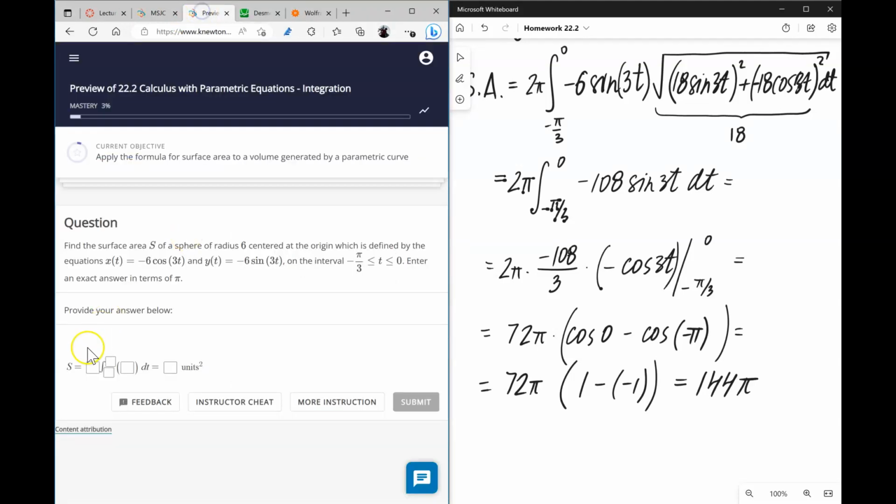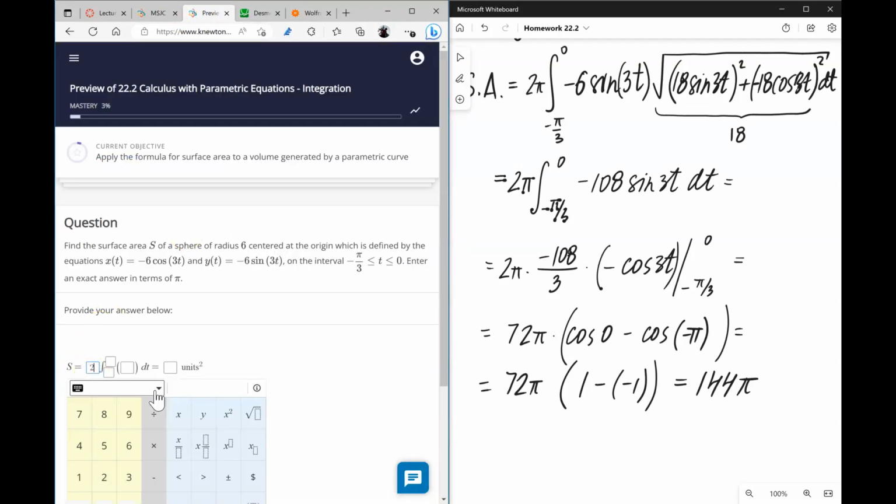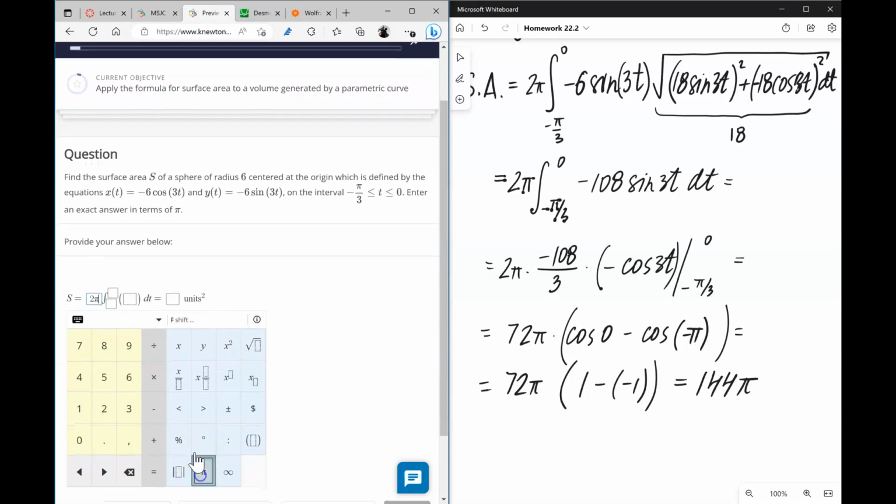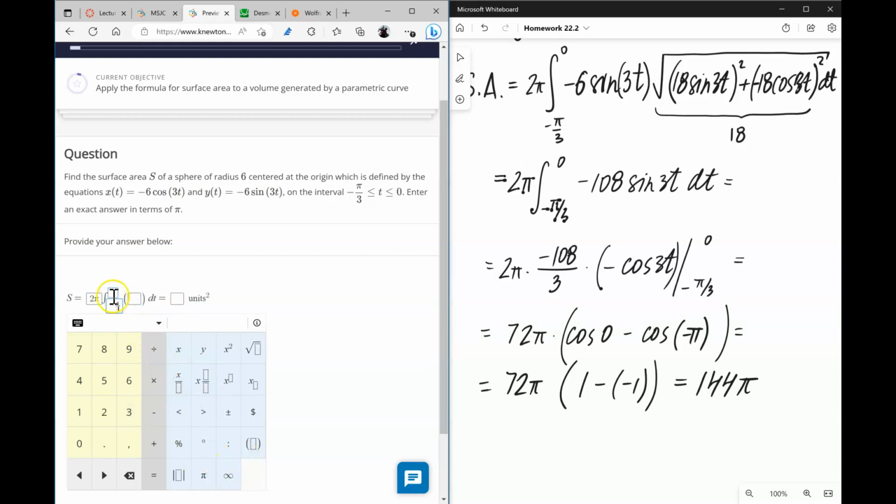But what do we enter here? I guess 2 pi here. Negative pi over 3 here. 0 here. Negative 108 sine of 3t here, and all that is equal to 144 pi.